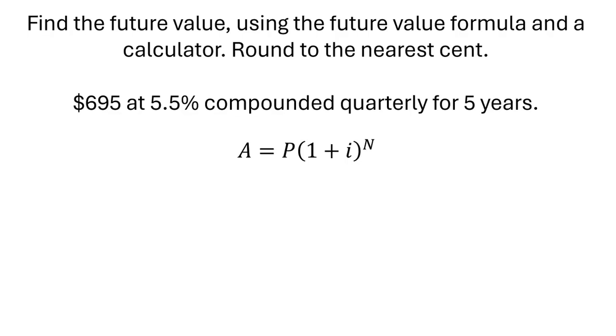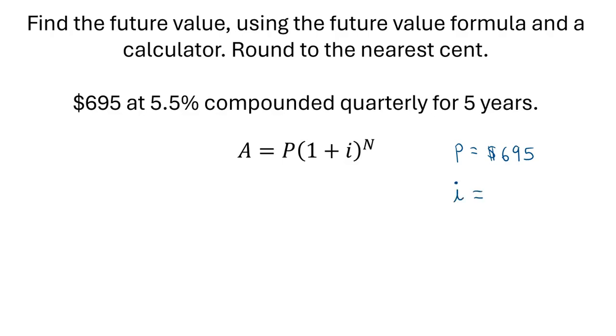And we know we're going to use our future value formula, which is A equals P times the sum 1 plus i raised to the nth power. So first things first, let's define all of our variables. We know that P is the principal amount we invest, or our initial investment, which in this case is $695.